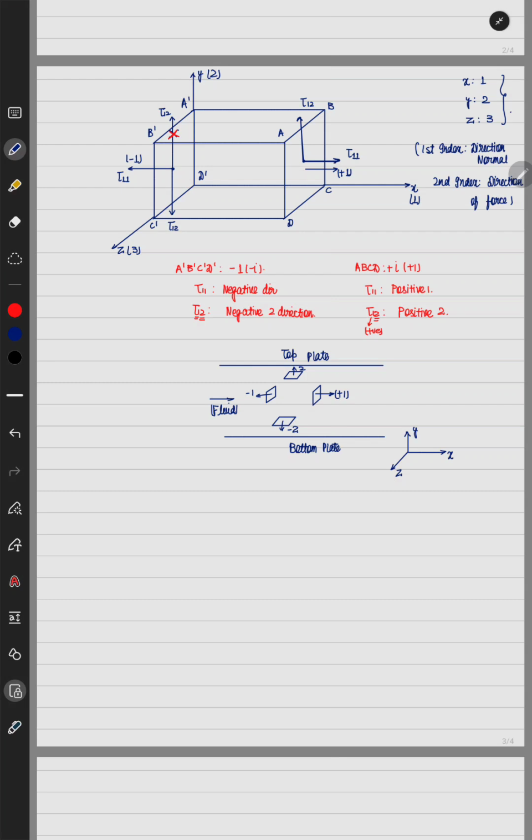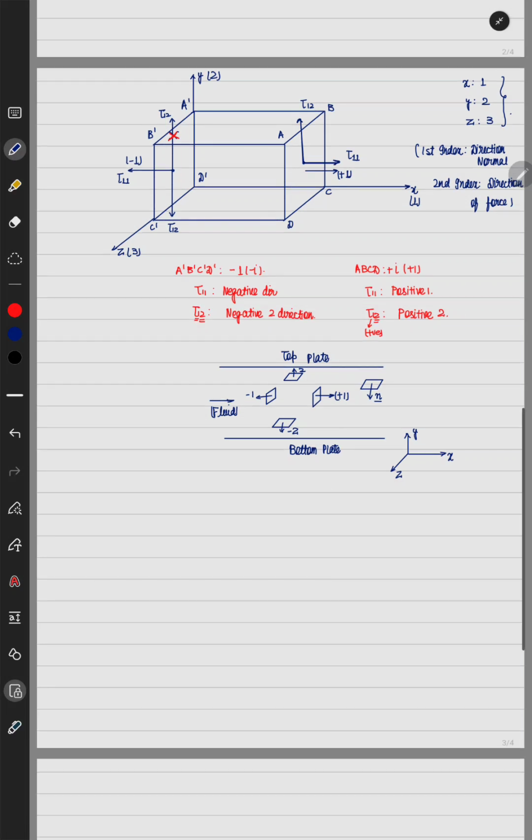But apart from this, I can take some area element which is oriented along some randomly oriented direction, may not be in standard direction. So if I want to find the shear stress acting on this area, which is oriented not along some standard direction but along some randomly oriented direction, how can I find the total amount of stress on that area?